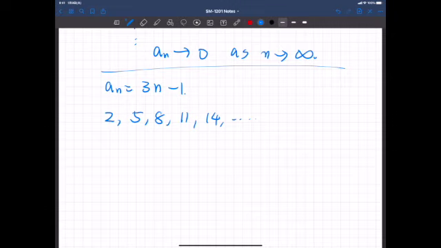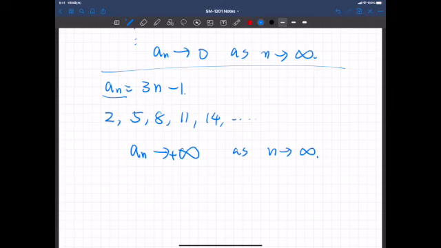In this case, we say it diverges to positive infinity. So we write an diverges to positive infinity. Sometimes we write a positive sign here as n goes to infinity.